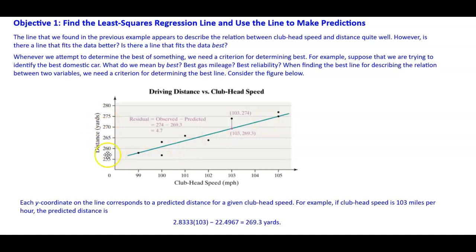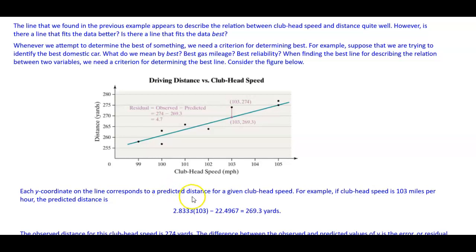Okay, so again, here's our distance and here's our club head speed. Now, remember the equation that we found from the previous example.